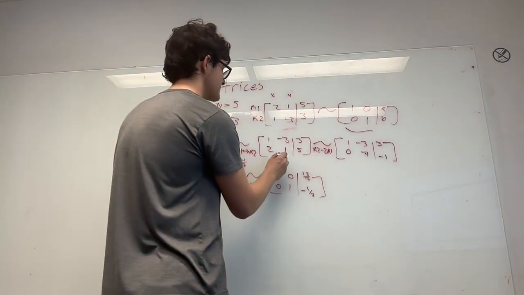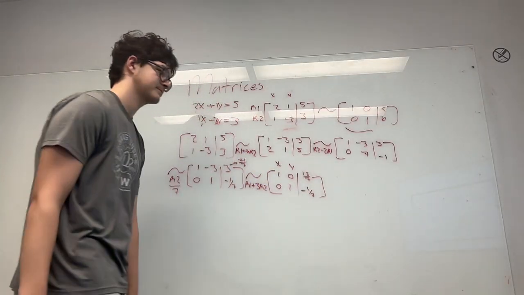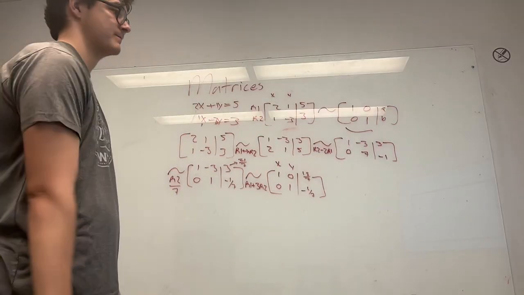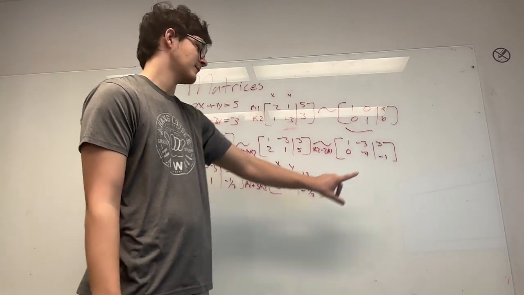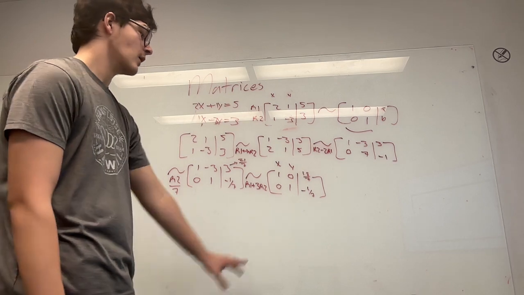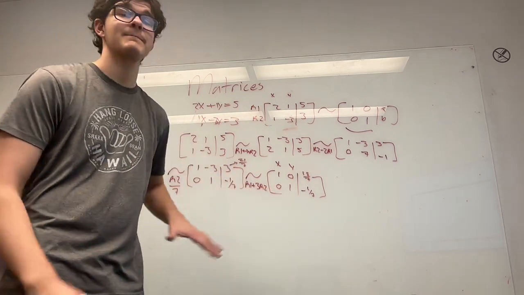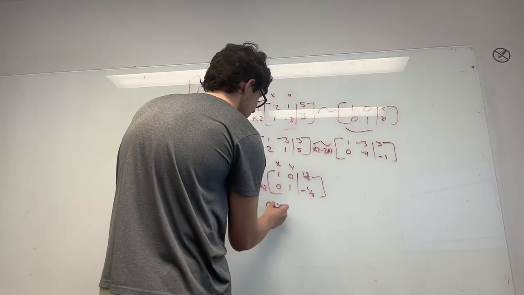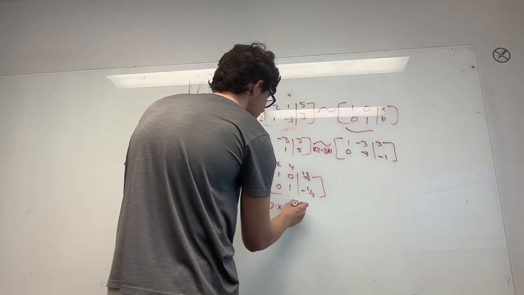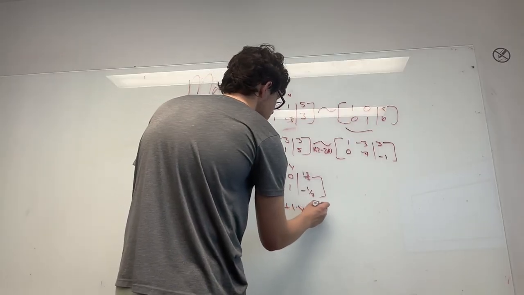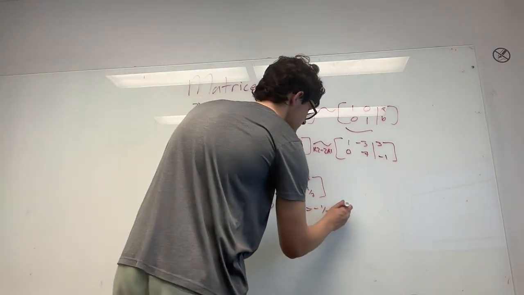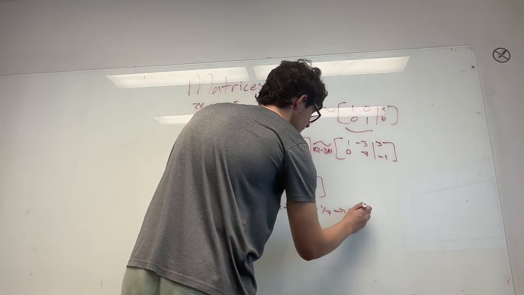What does that mean? Remember I said this column is x and this is y? The way we solve these is by back substitution. So I'm going to show you how to solve it from here, but first, I'll show it right here. Let's write it back into a system of equations. This is saying 0 times x plus 1 times y equals minus 1/7, which is just saying y equals minus 1/7.